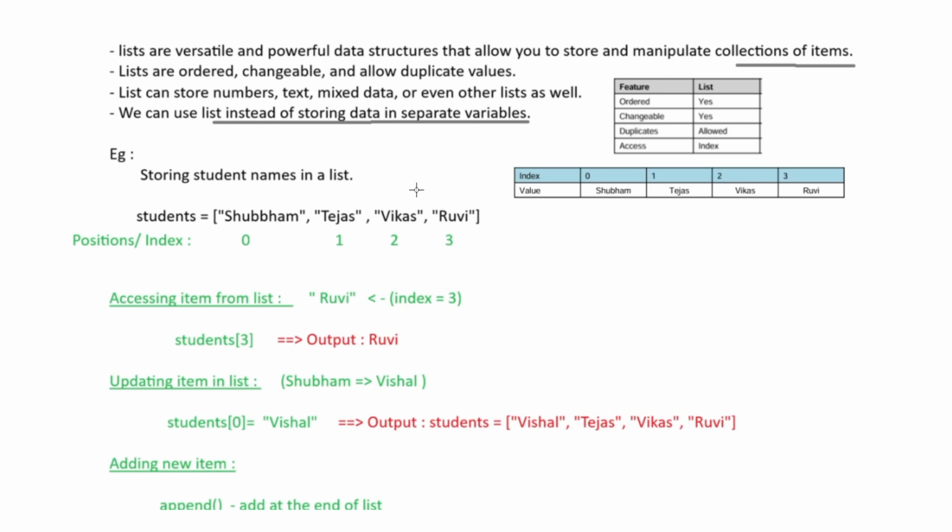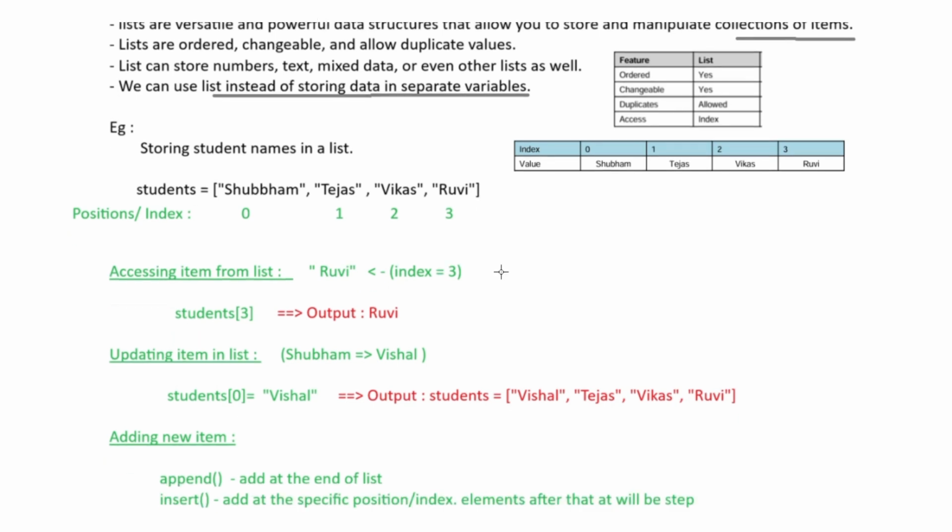Now, let us understand how a list is created. Okay, here I am creating a list named students that stores some student names. For example, students is equal to, in square brackets we add student names as Shubham, Tejas, Vikas, Ravi, like this. This is how we create a list in Python.